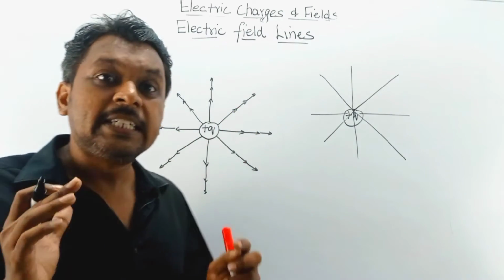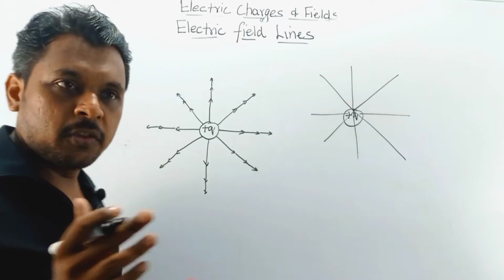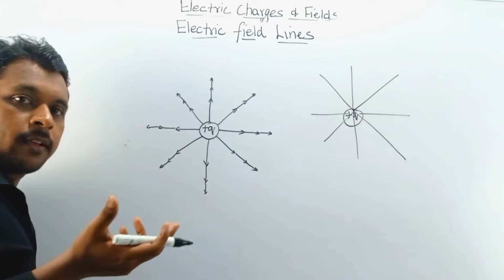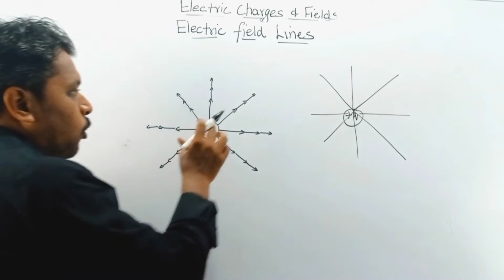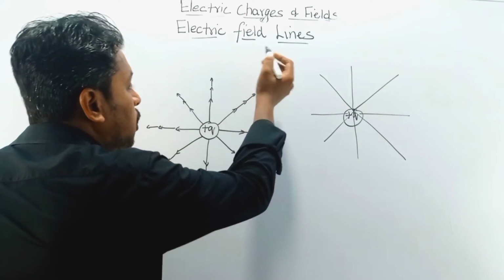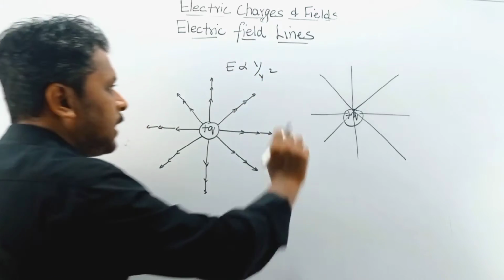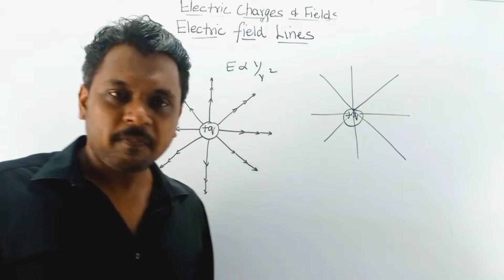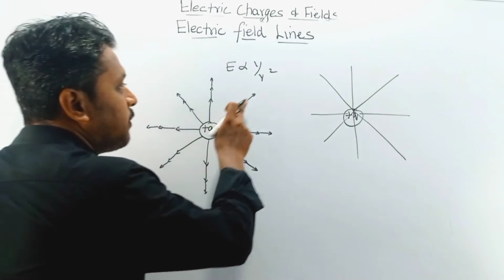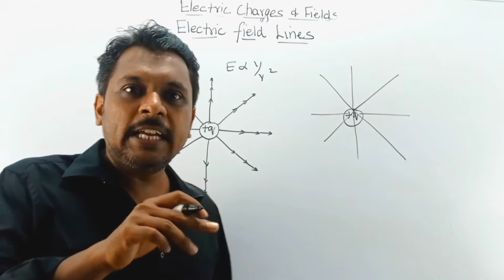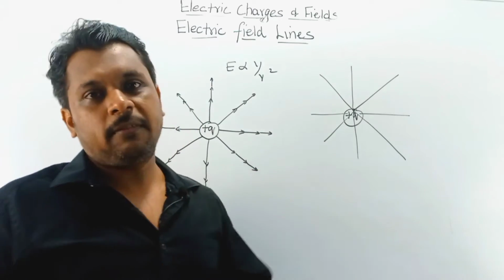It represents the strength of the electric field. So near the charge the strength of the electric field is very high. As you go away, because the electric field is inversely proportional to the distance square, the length of the arrow mark reduces. That represents the reduction of the strength of the electric field.